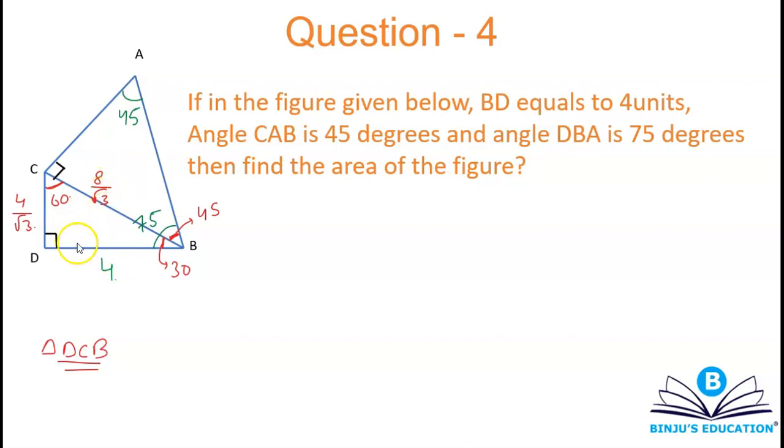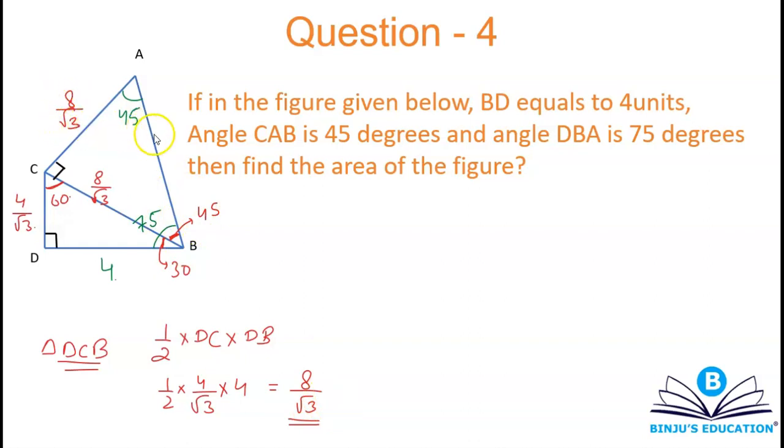Okay. If I want to calculate the area of this triangle, it's going to be simply half into DC into DB, which is half into 4 over root 3 into 4, which is 8 over root 3. Now if I come to this triangle ACB, opposite to 45, it's 8 by root 3, so opposite to the other 45, it will again be 8 by root 3. And opposite to 90, it's going to be 8 root 2 by root 3.